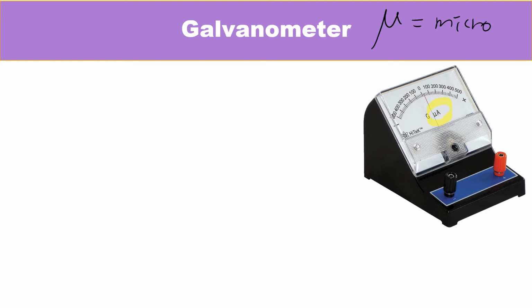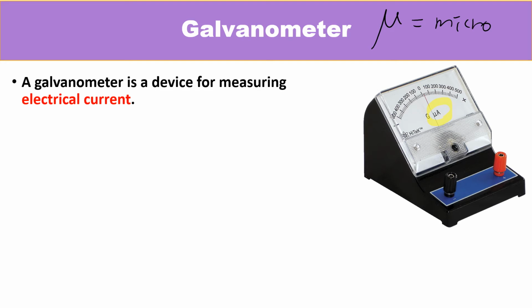It is a smaller unit than milli. It's in fact a 1,000 difference between micro and milli. A means amperage. This is the one that we're going to use from now on to discuss any current strength, quantity if you will. A galvanometer is a device for measuring electric current.